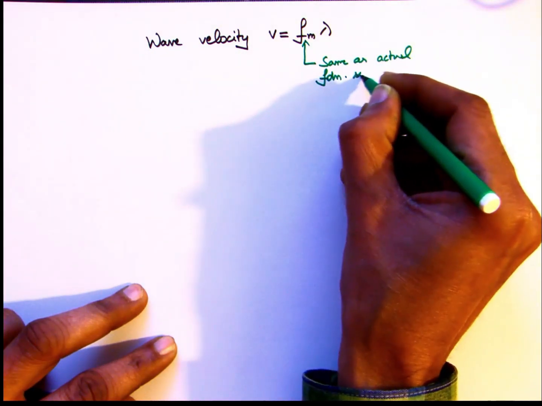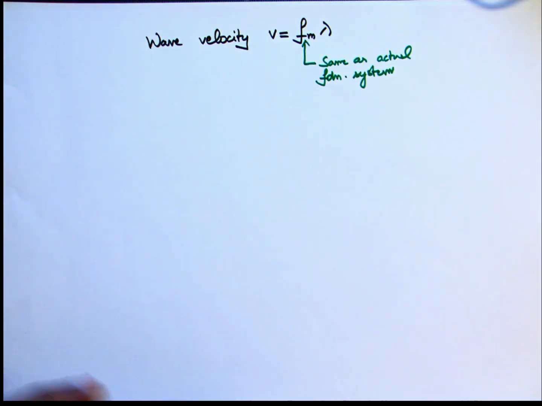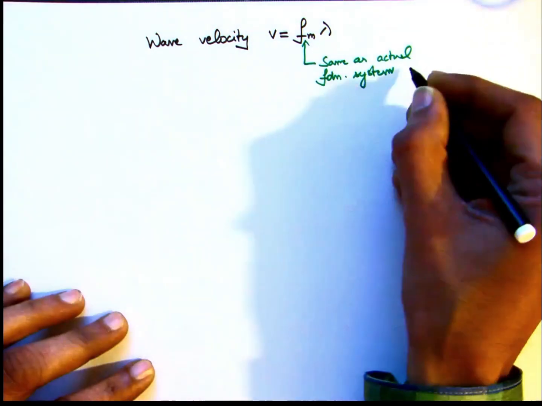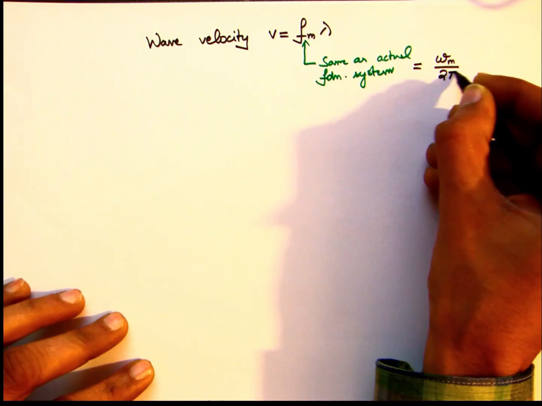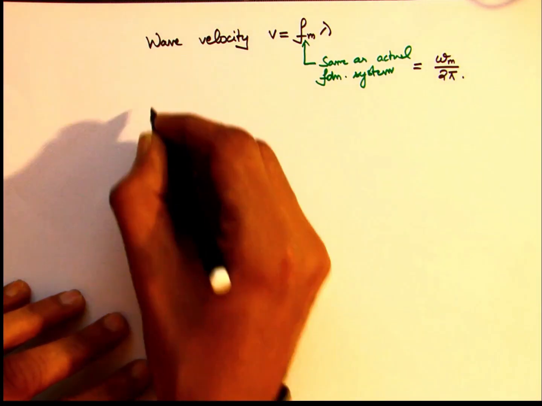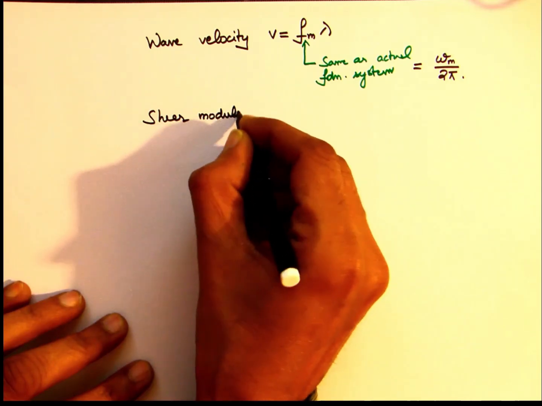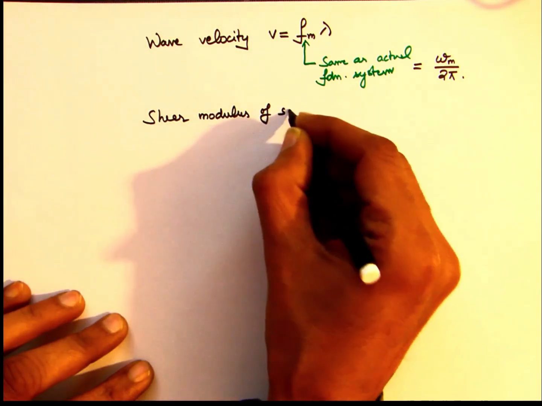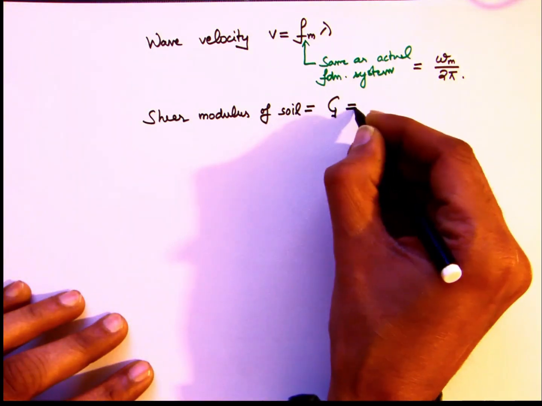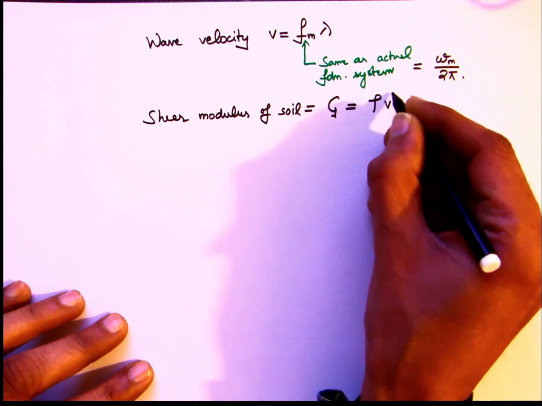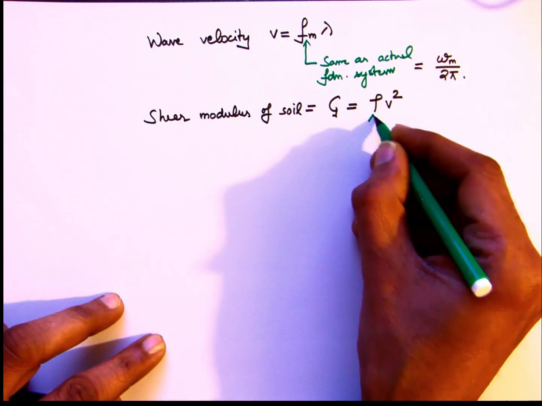So please note that here this is the frequency measured in hertz and not the angular frequency in radians per second. We know from mechanics of solids that the wave velocity is related to the shear modulus, and the corresponding relationship is this one, that is, it's the product of the density and the velocity square.